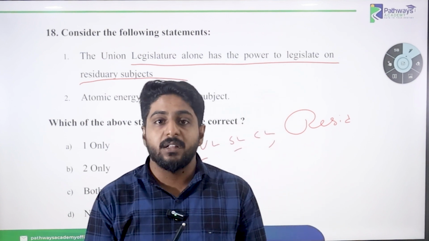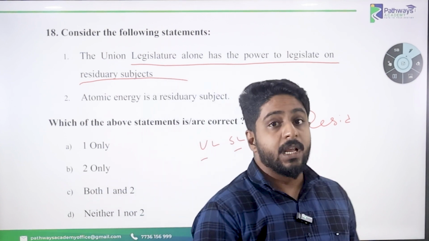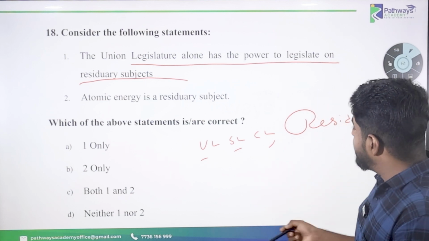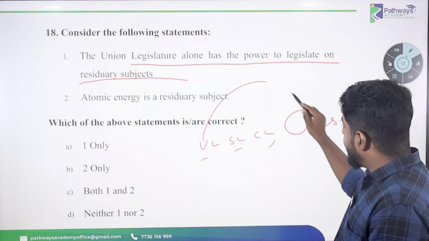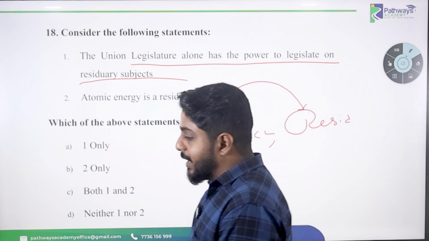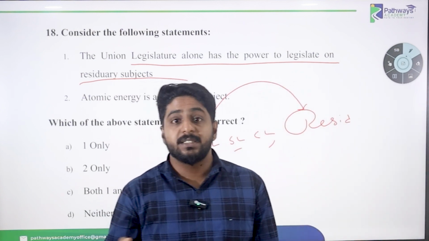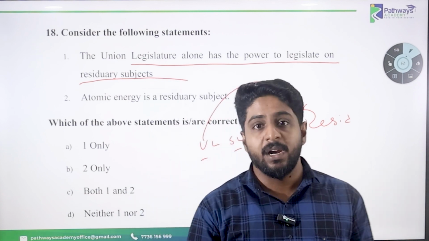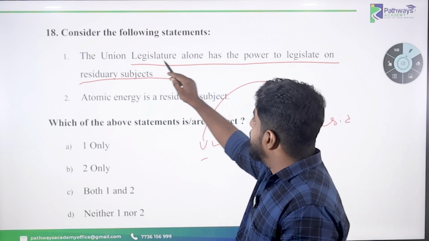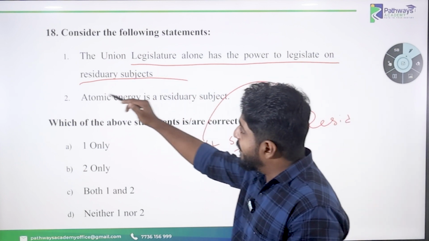Those subjects are known as residuary subjects. Those subjects would be treated like the union list, which means the center will have the legislative power in relation to the residuary subjects. So the union legislature alone has the power to legislate on residuary subjects.